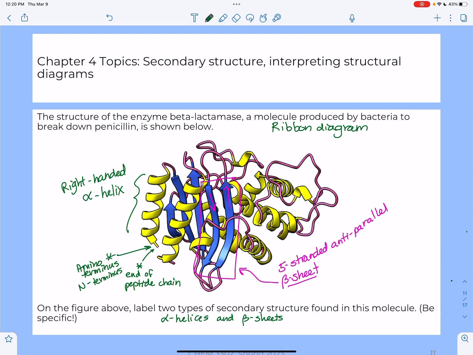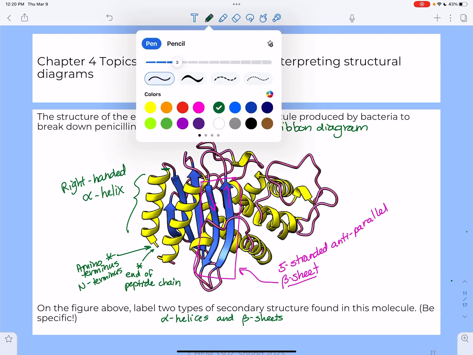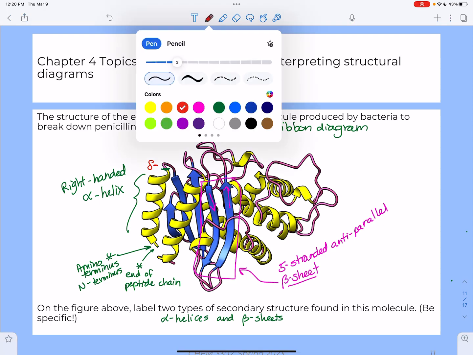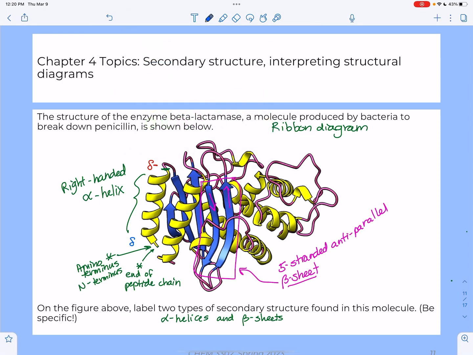Okay, so if I look just at this helix, then if this is the N terminus, then this has to be the end of the helix that's closer to the C terminal end. So if I were to add in the charges, this end of the helix would be the negative end of the helix dipole, and this end of the helix would be the positive end of the helix dipole.